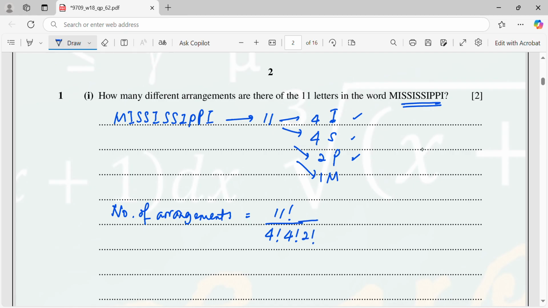Okay, then from here, you will be getting 34,650 arrangements. So that's all for the question number 1, first part.